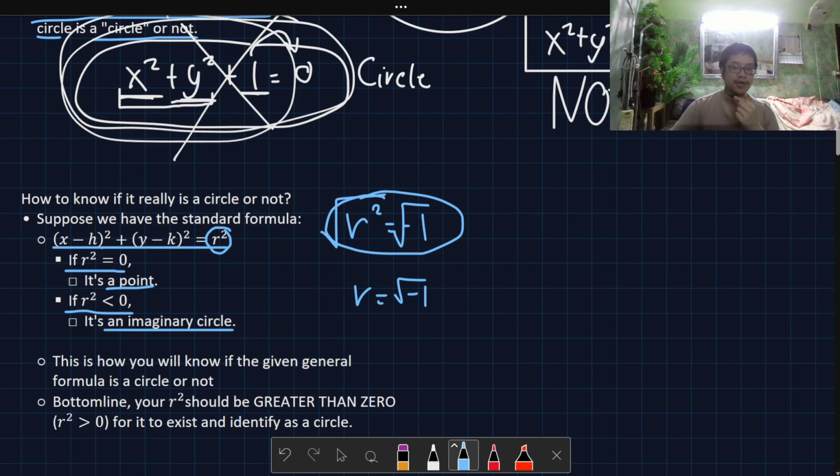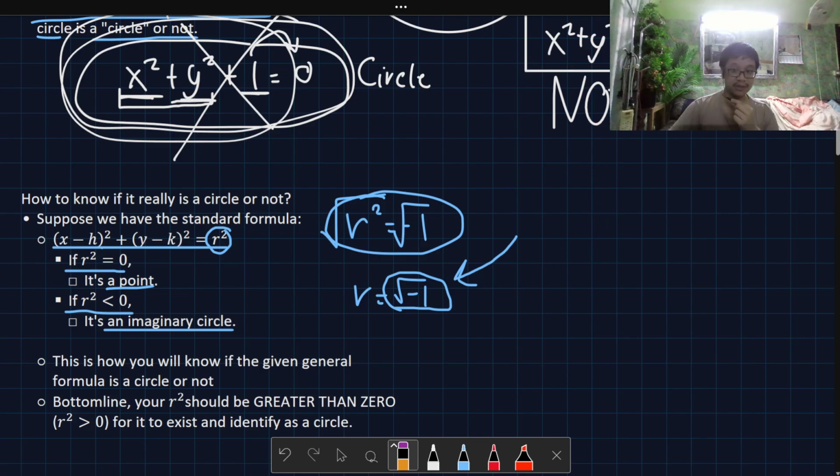Whatever you have here, after you square root both sides, that is the length of your radius. However, if you take a look, you have the square root of negative 1. This is not a real number.